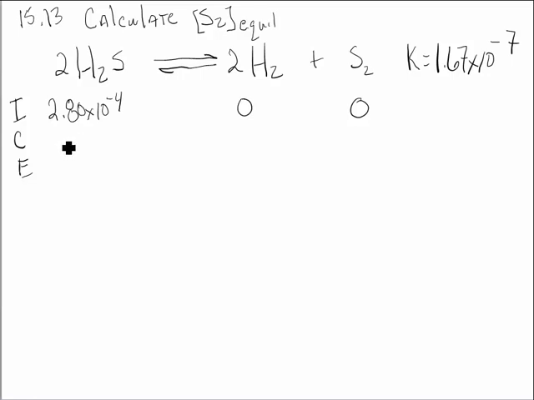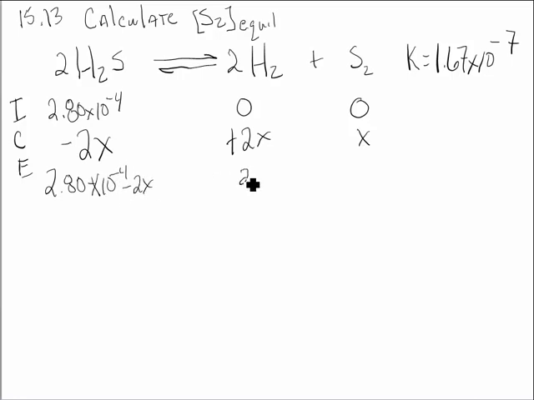The change is going to be, because it's 2HS, minus 2x, and then plus 2x, and that's going to be an x. So at equilibrium, it's going to be 2.80 times 10 to the minus 4th minus 2x, and this is going to be 2x, and then this is going to be x.